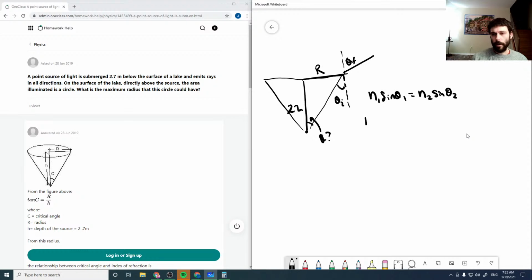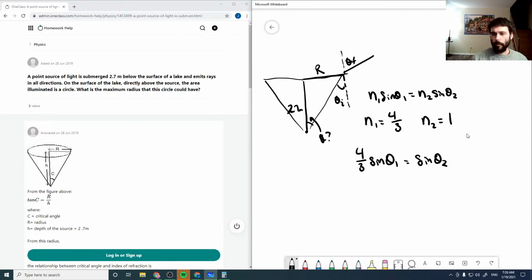N1 is for water, so that's just 4/3. And N2 is for air, which I'm going to take as 1. So what we have for our equation then is sine theta 1 is equal to sine theta 2.